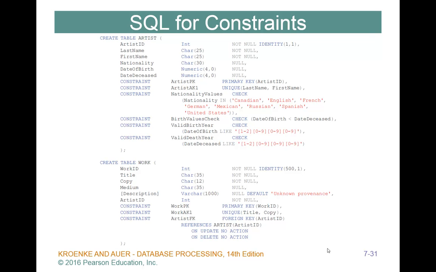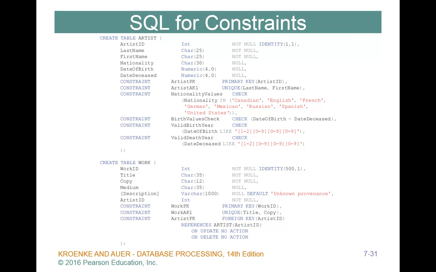So if we look at our top example in the artist table, let's take a look at those additional constraint values that we put in here. The first one that we're looking at is the nationality values. Essentially what we're adding is what's called a check constraint. With this check constraint, we pass a data manipulation type statement that you should already be familiar with, because we're using the IN keyword that we've discussed in previous chapters, specifically chapters 2 and 3.